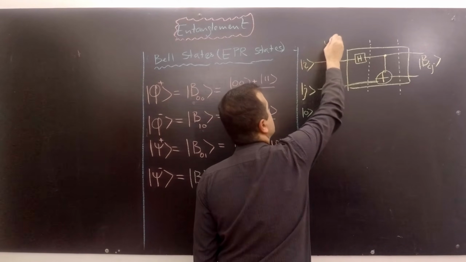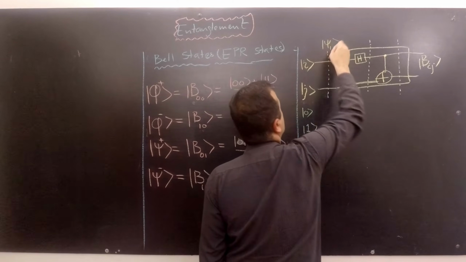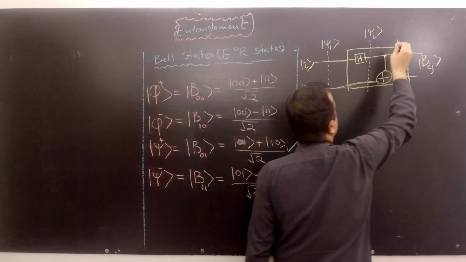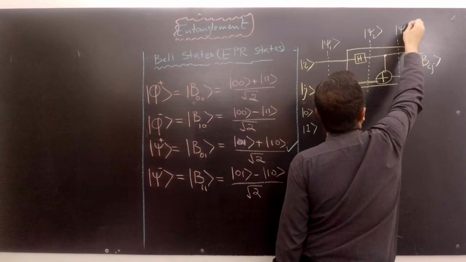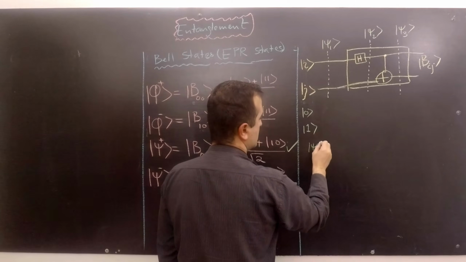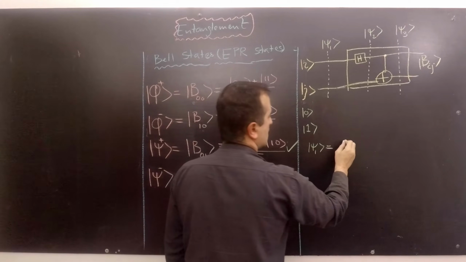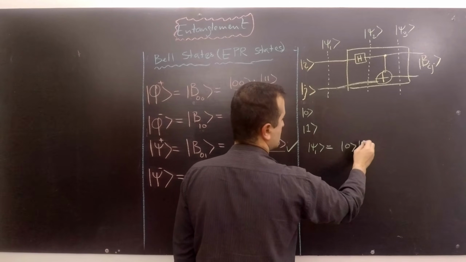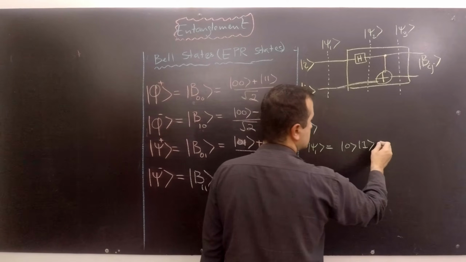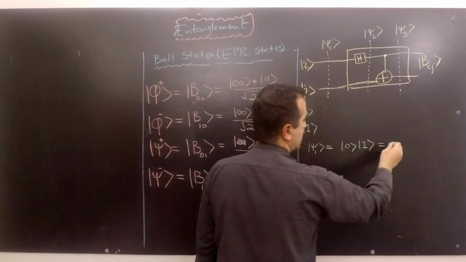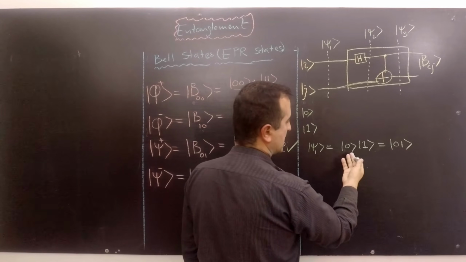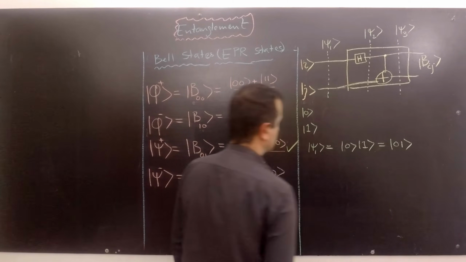I call this state ket psi 1, this state ket psi 2, this state ket psi 3. So my ket psi 1 will be ket 0 1, because i is 0 and j is 1, and that can also be written as ket 0 1. We know the tensor product can be written like this or like this.